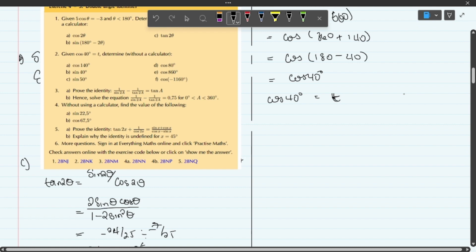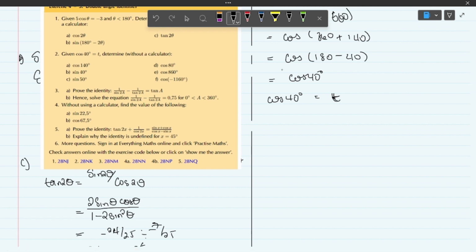So let's move right along. Let's do number F. It's cos of minus 1160 degrees.